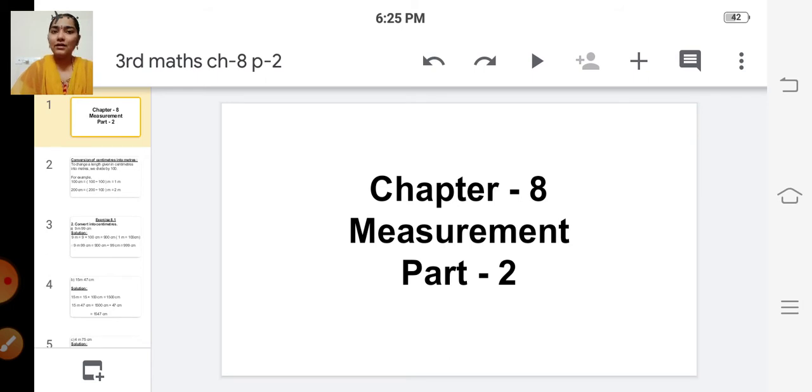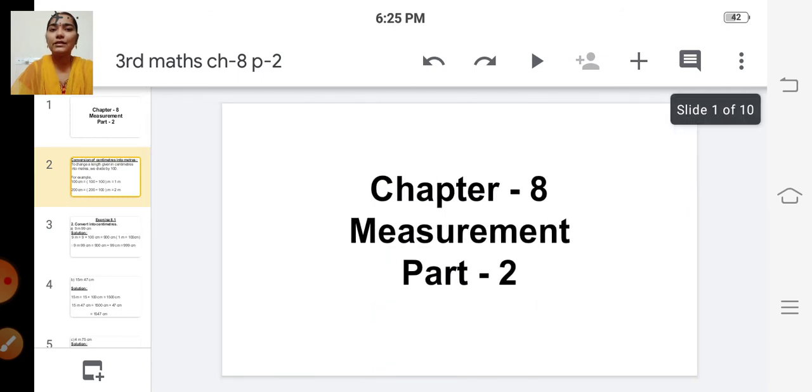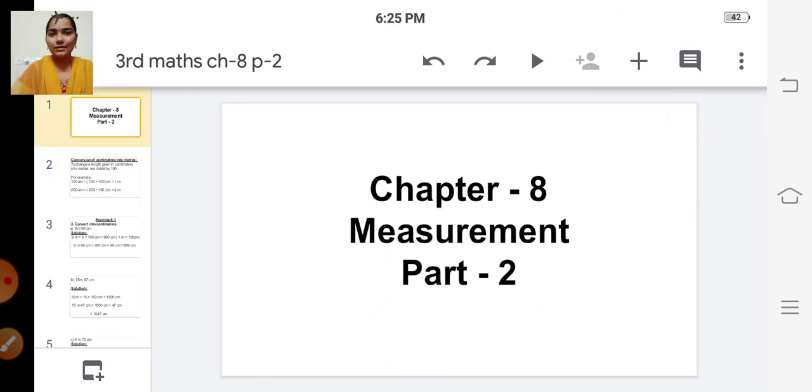And we have learned the conversion of meters into centimeters, right? So what did we do to convert meters into centimeters? We multiplied that number by 100, right?